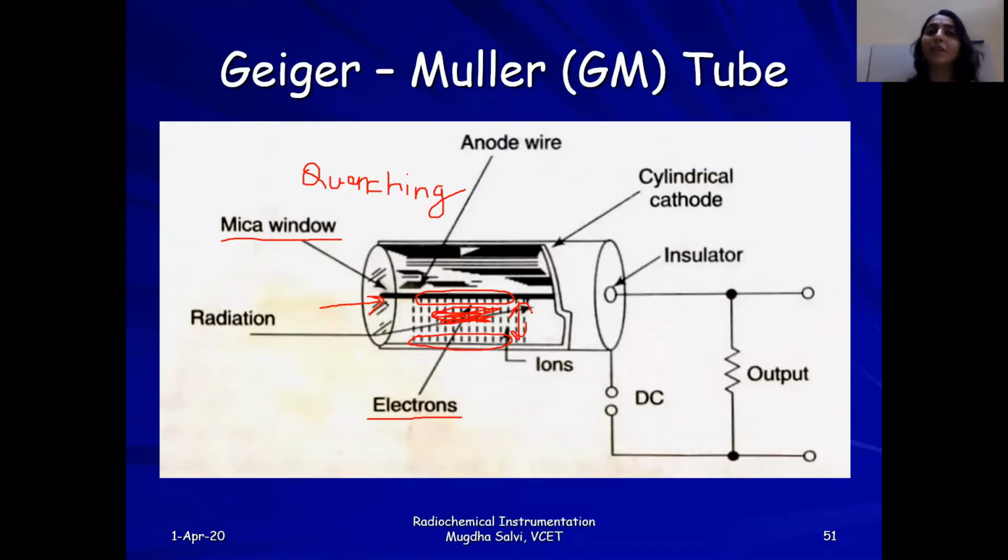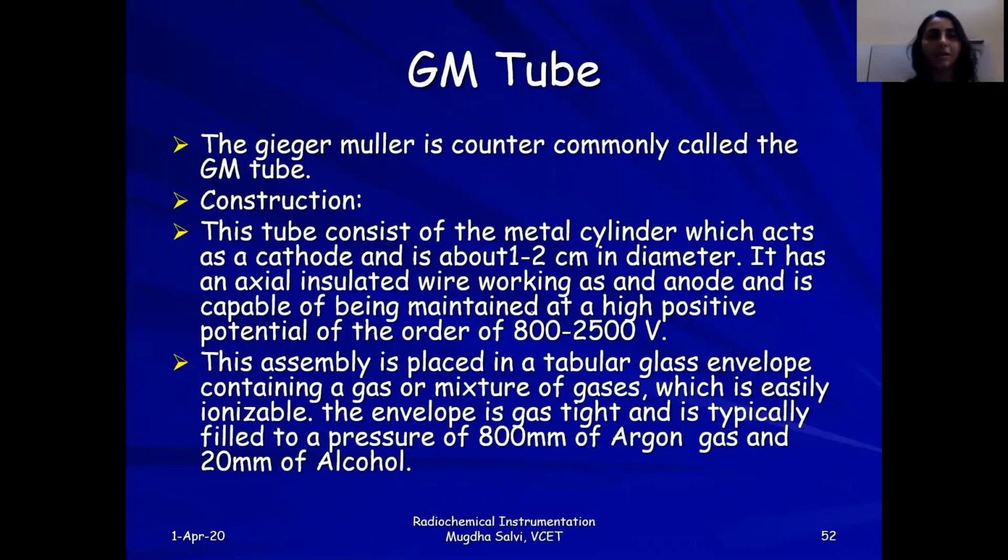So the GM tube cannot be used continuously. You will have to use it intermittently. That is one drawback of the GM tube. Otherwise, the GM tube has a very good applicability. So the tube consists of a metal cylinder, which acts as a cathode and has a diameter of 1 to 2 centimeters.